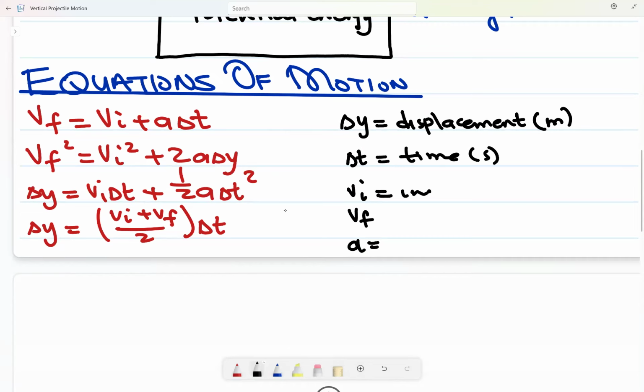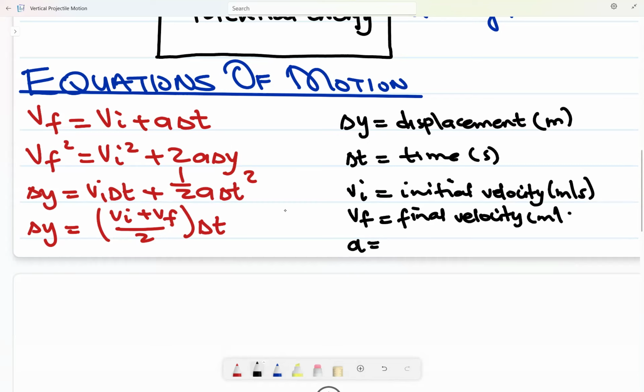This is initial velocity in meters per second. We have final velocity, also in meters per second.